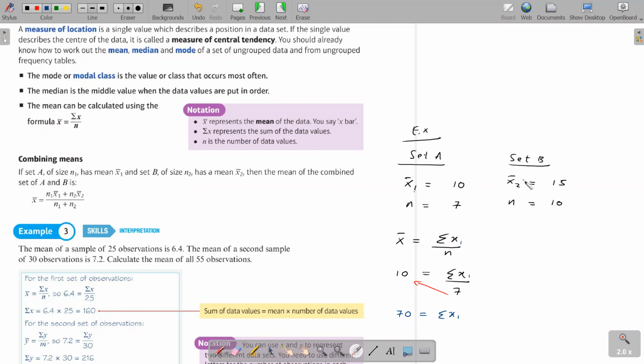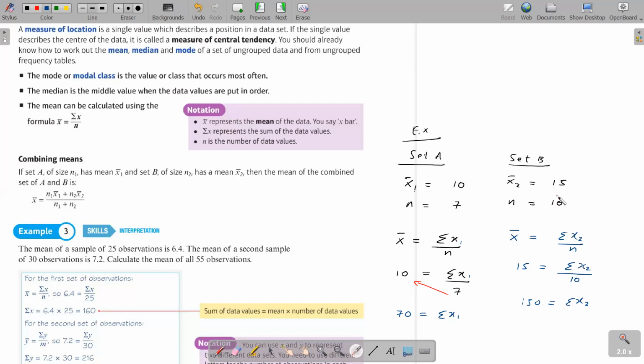And for x bar 2, the mean is sigma x over n. Here the mean value is 15. The total x value is unknown here. The n value is 10. So what do I get here? 150 is sigma x2, which means the individual x values of the 10 members.